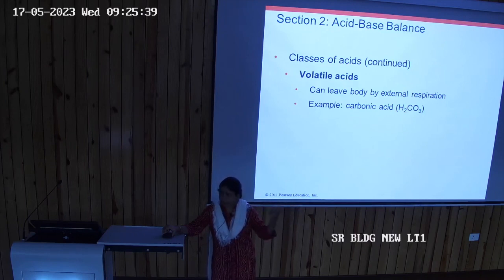Whenever there will be decrease in the bicarbonate ion, there will be decrease in the pH value. That means the condition becomes acidic. Clear? So that is metabolic acidosis. Whenever there will be increase in the bicarbonate ion, there will be increase in the value of pH. Increase in the pH means alkalosis.